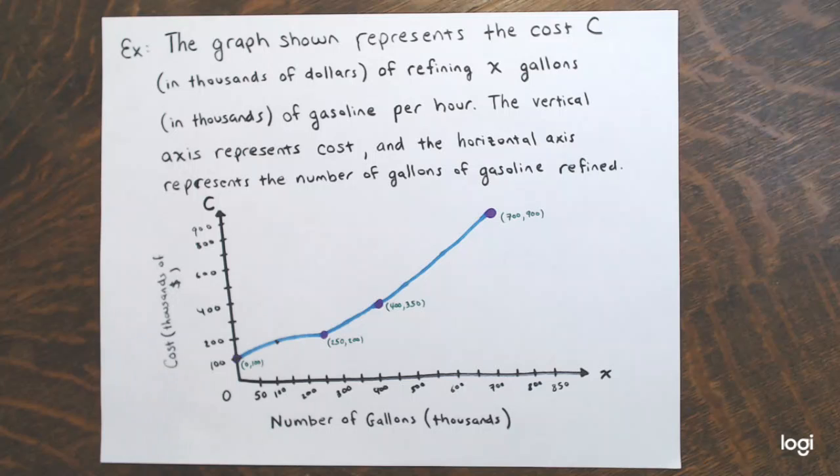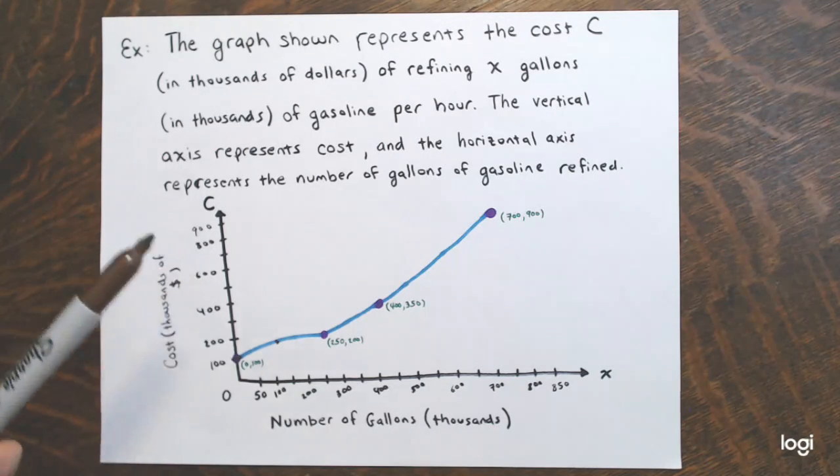Or the other way around, if it's costing the company $600,000 to refine the gasoline in an hour, how many gallons are they refining per hour?